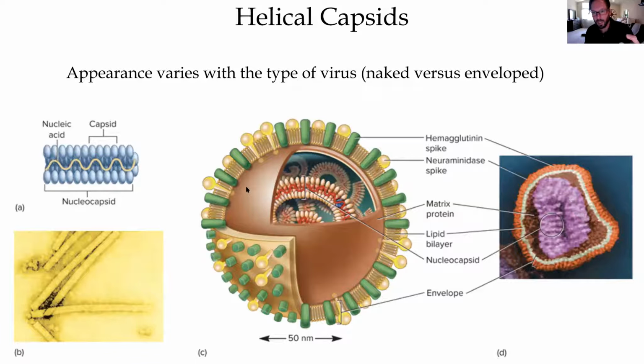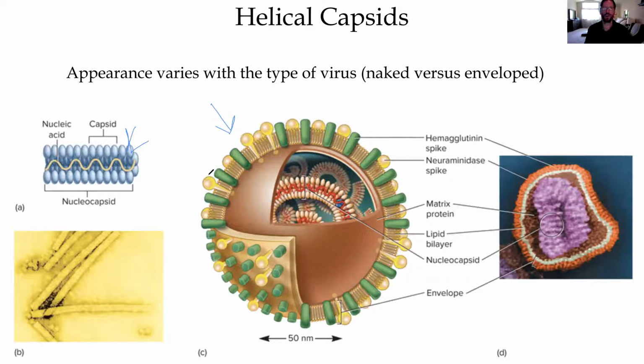Inside the, well, this says naked, but these are clearly proteins. So hemagglutinin spike and neuraminidase spike, those are spikes from an enveloped virus. Let me annotate. So this here, naked virus. This here, enveloped virus.